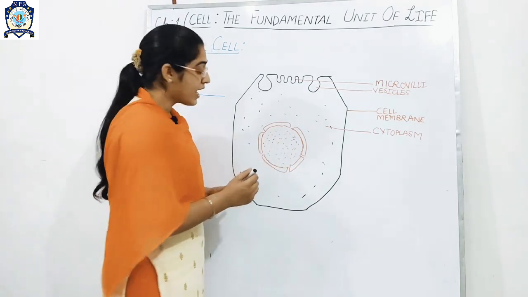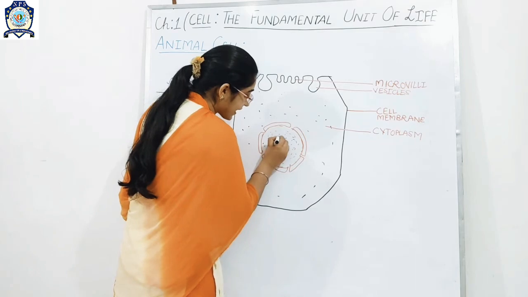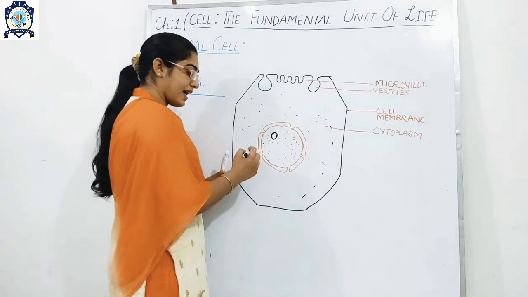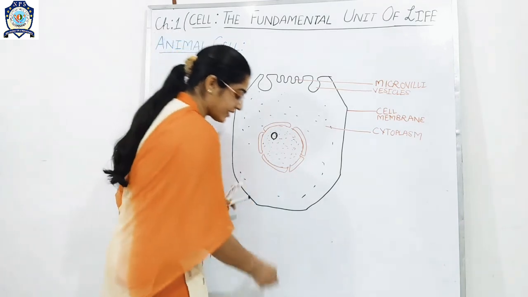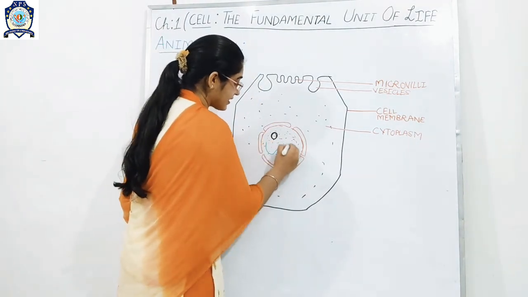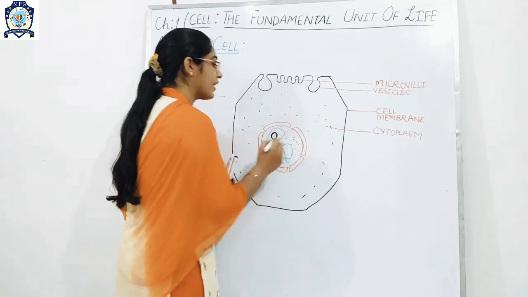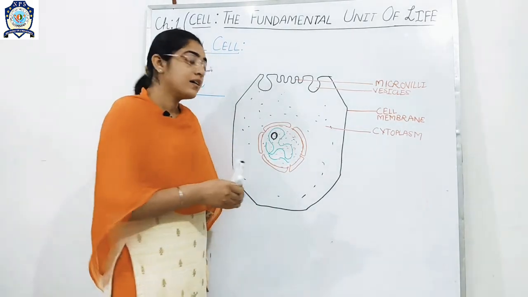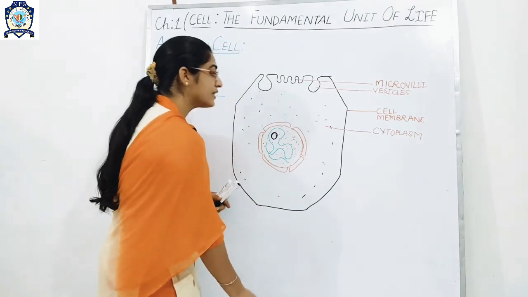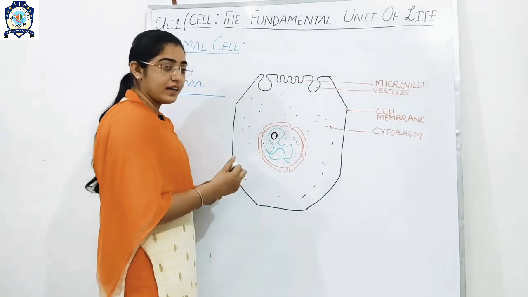In the center there is the nucleolus, and there are also thread-like structures, which are part of the genetic material, the chromatin fibers.